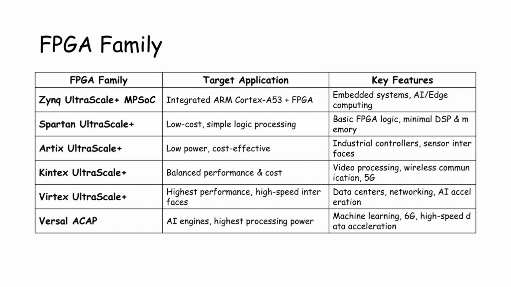Kintex and Virtex, on the other hand, offer higher performance, and are designed for more compute-intensive and bandwidth-heavy applications. These devices typically come at a higher cost but provide greater logic capacity, faster transceivers, and richer feature sets. By choosing the right FPGA family, developers can balance cost, performance, and resource requirements based on their application needs.